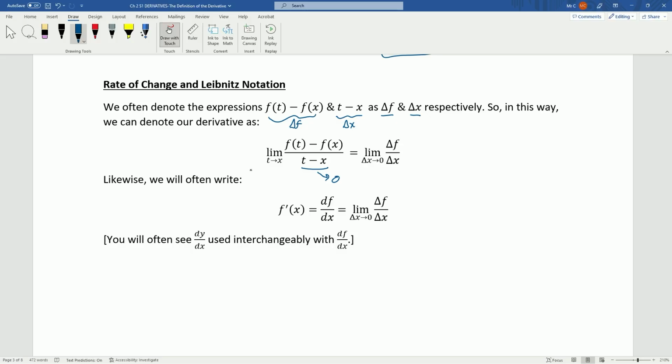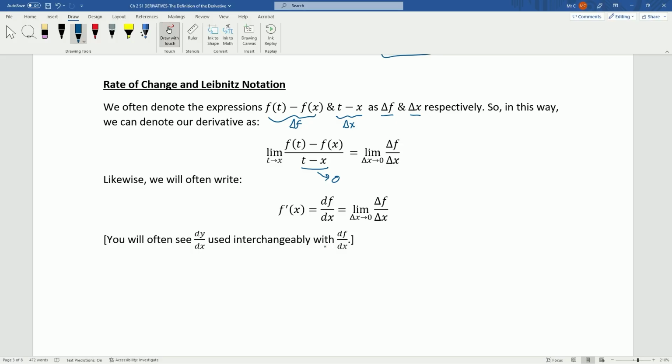So in using that notation for these changes in f and changes in x, we will often write, instead of f prime of x, we will write df dx. So this should be read as the change in f over x, or the change in f with respect to x, or the derivative of f with respect to x.